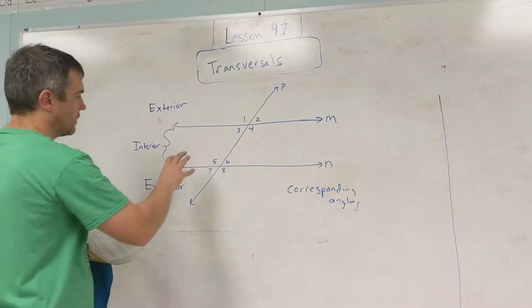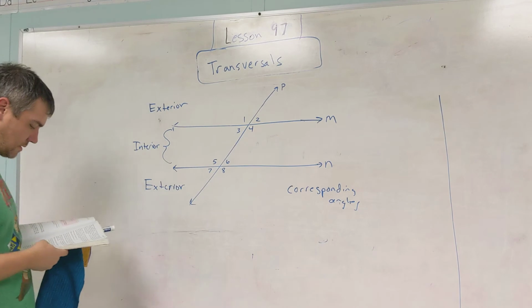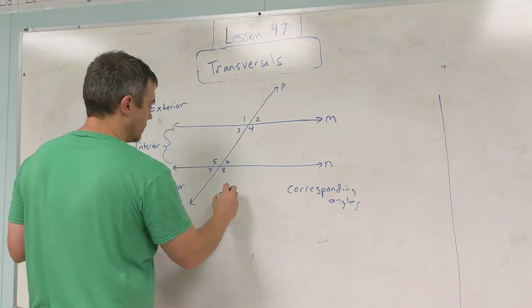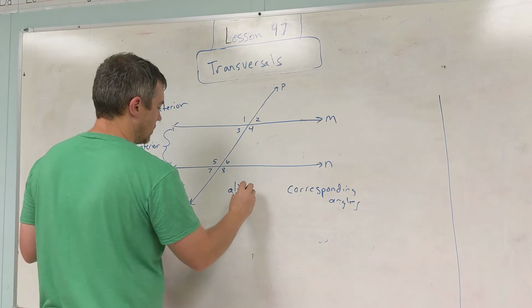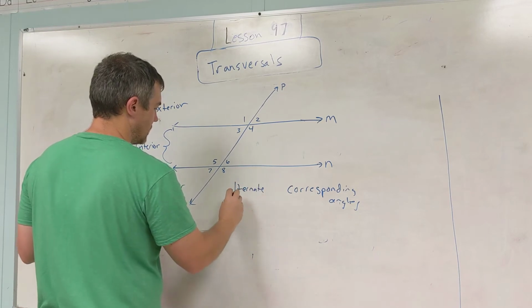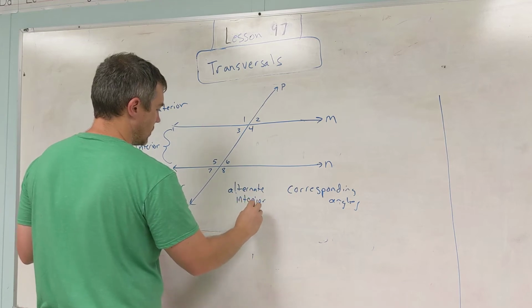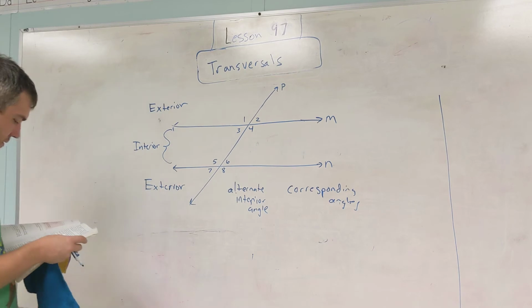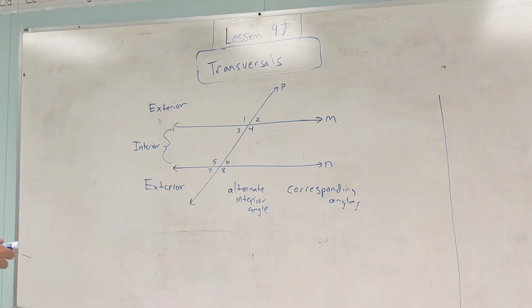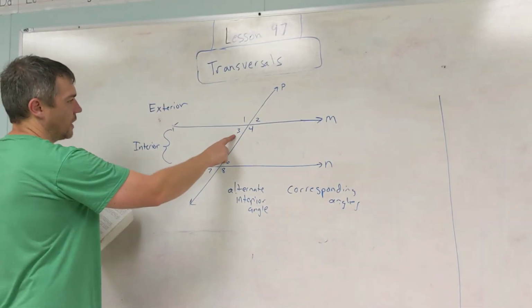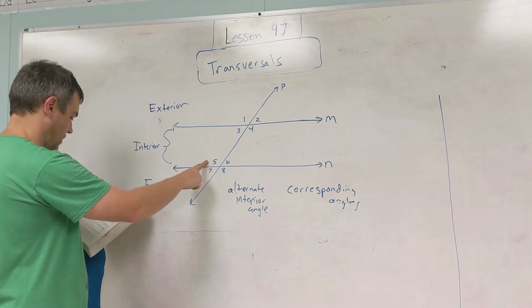Then again, let's take a look at these interior angles, right? So they have this definition where they call it an alternate interior angle. What does that mean? That means that they're actually on opposite sides from each other. So we've got 3 and 5 are alternate interior angles.